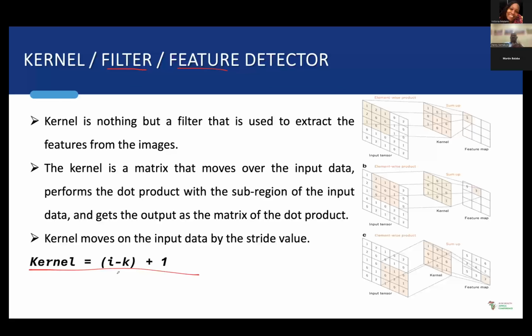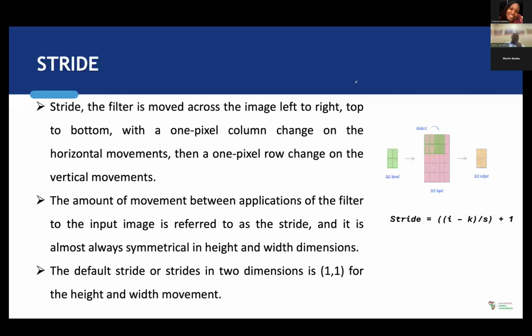In simple terms, a filter helps you to extract information from your input image, as you see in the examples on the extreme right. So we have what we call a stride. A stride will help you to determine how your filter is moving.